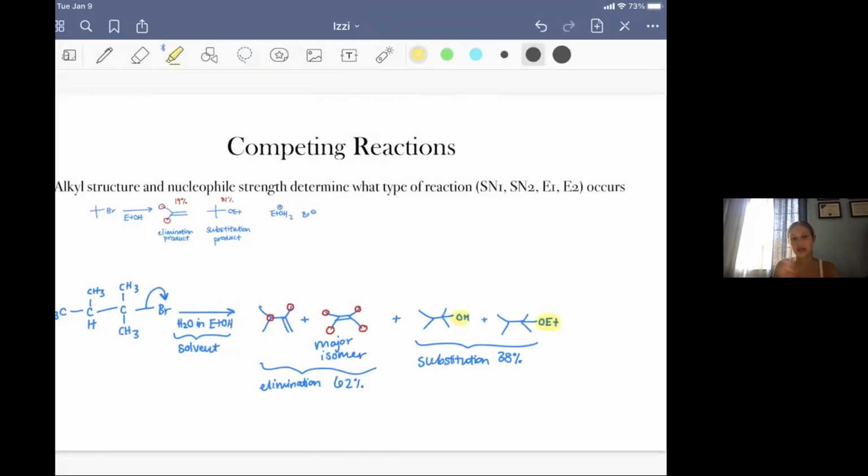So although we started with H2O, that's going to add on, but we're going to have to deprotonate a hydrogen from that, which is why you only end up with OH. And the same thing with ethanol. It starts off with a hydrogen on it, but once it attaches, the oxygen is going to be charged. And remember that that's unfavorable. So you're going to want to deprotonate. Anyone have any questions on competing reactions?